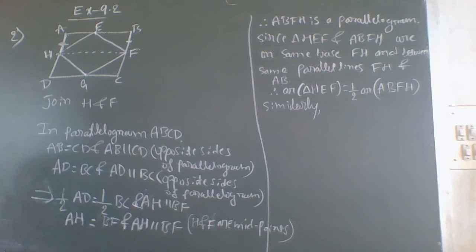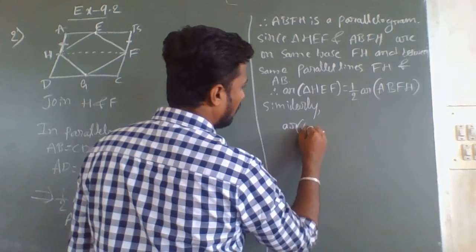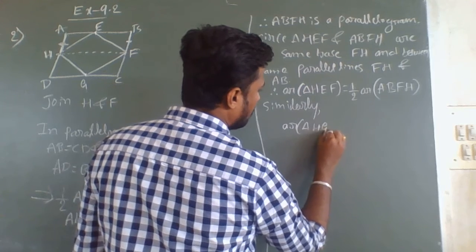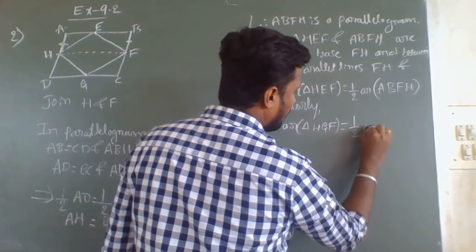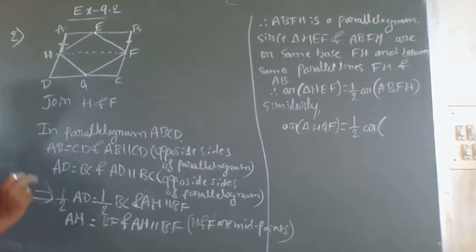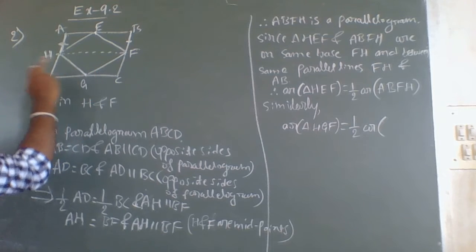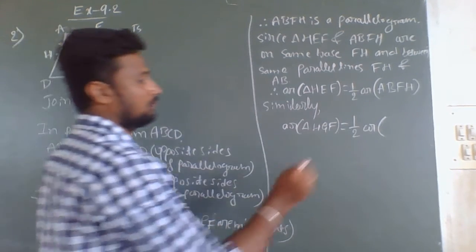Similarly, what can we write here? This triangle HGF: the area of triangle HGF should be equal to half of the area of the parallelogram we will get here, HFCD, or you can write HDCF.